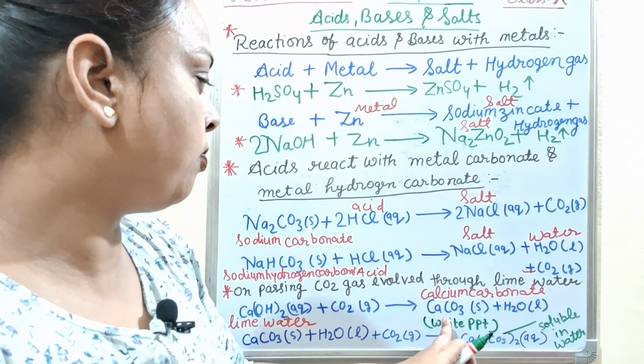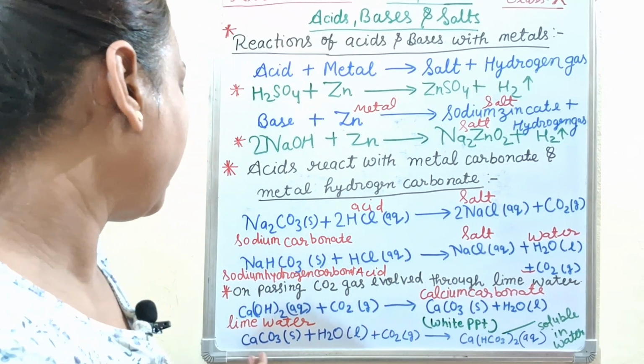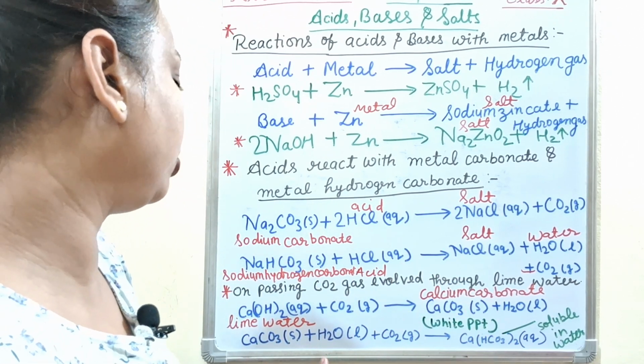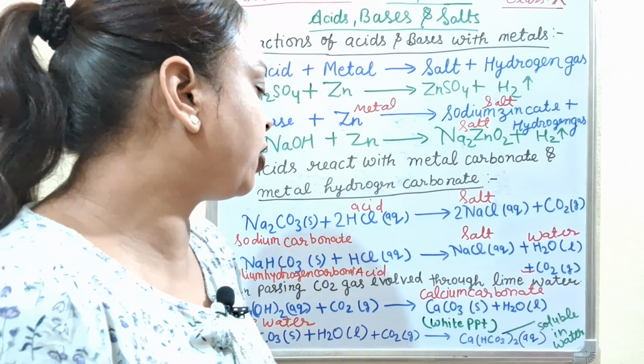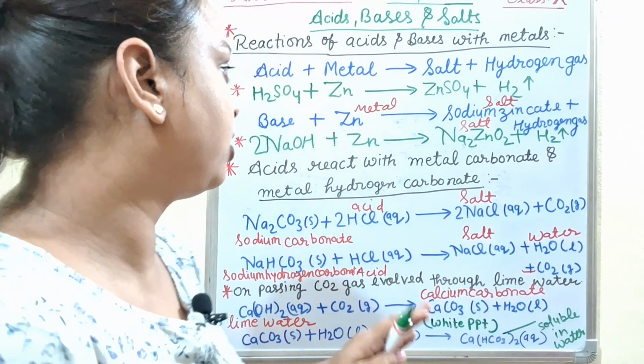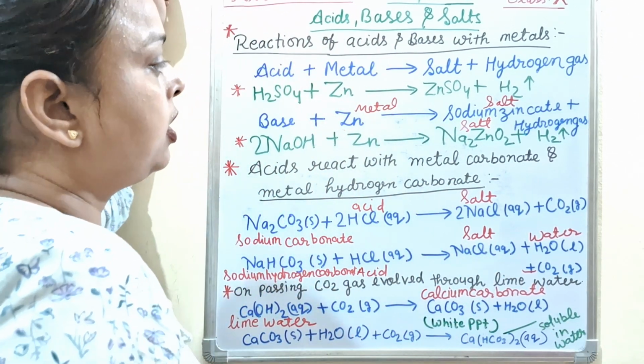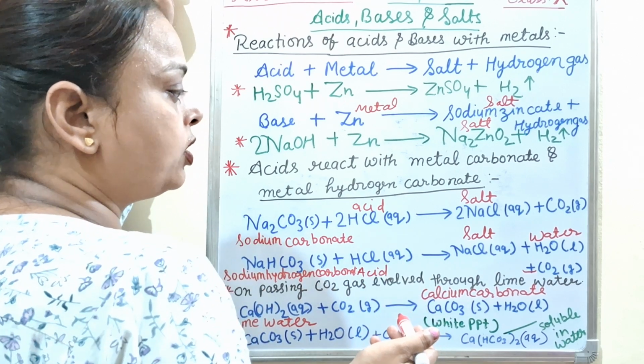Calcium carbonate is formed first, which is a white precipitate. Again CaCO3 reacts with water and carbon dioxide and forms calcium hydrogen carbonate, which is soluble in water. So these are the reactions of acids and bases with metals and metal carbonates and hydrogen carbonates.